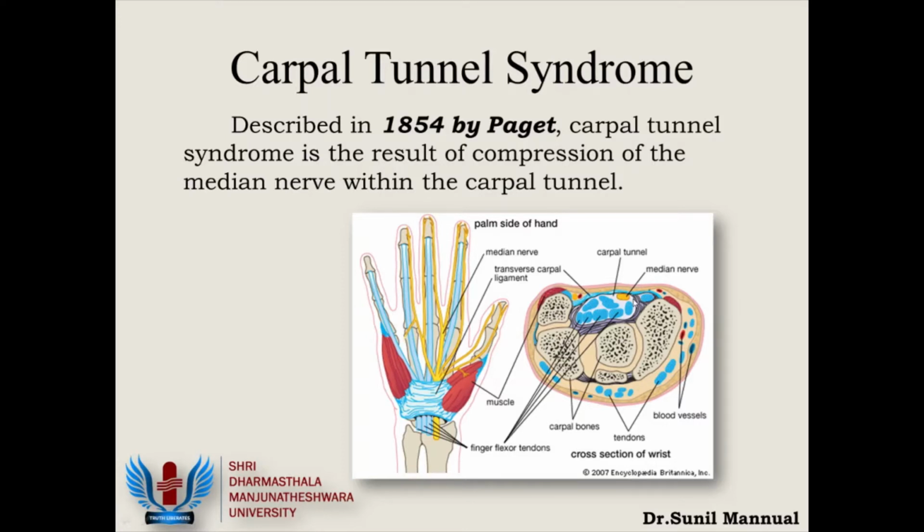The same way as the median nerve is compressed in the carpal tunnel, we need something called an axoplasmic flow within the axons of the cells. So basically what we have here is the cell bodies of this median nerve located either in the spinal cord, that is in the cervical spine, or in the dorsal root ganglia in the neck.